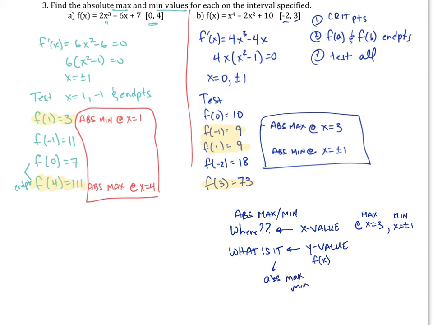Absolute minimum. What is it? Well, in this case, the absolute maximum was 73. The absolute minimum was 9. So where did it occur? At x equals 3. At x equals plus or minus 1. What was the value? 73 and 9. So always be careful whether they're asking you where does it occur and what is the value.